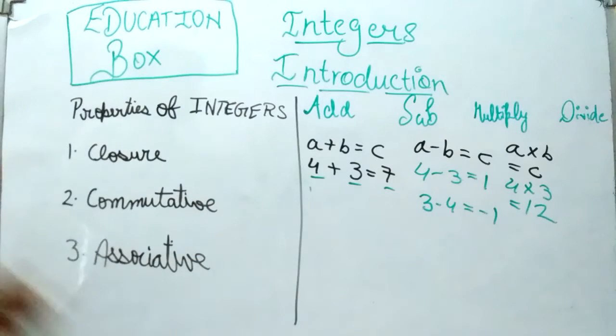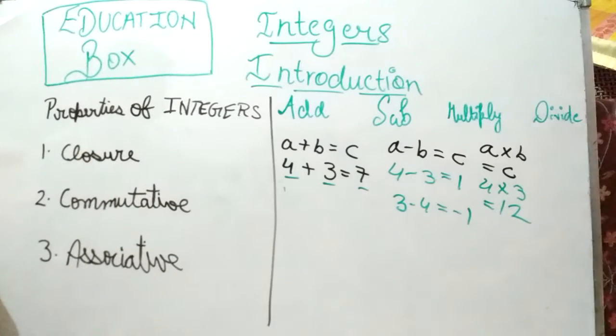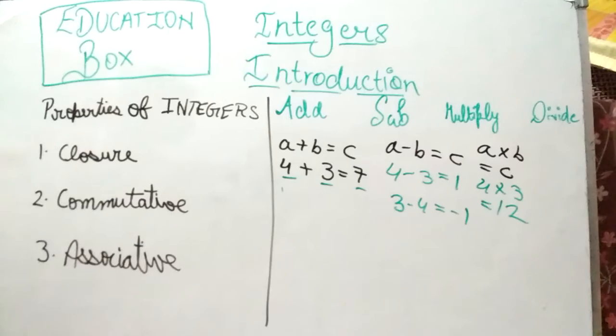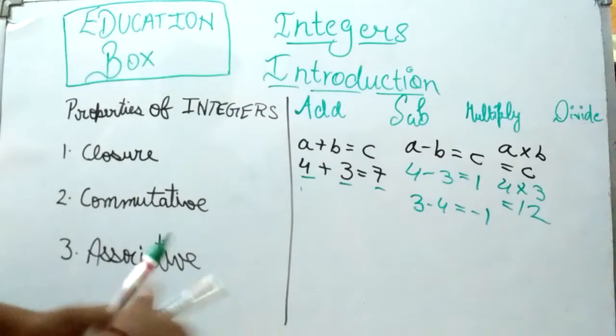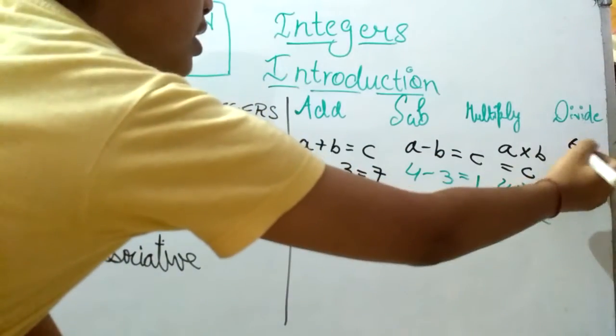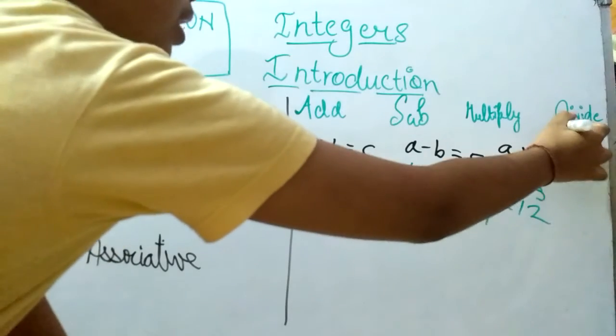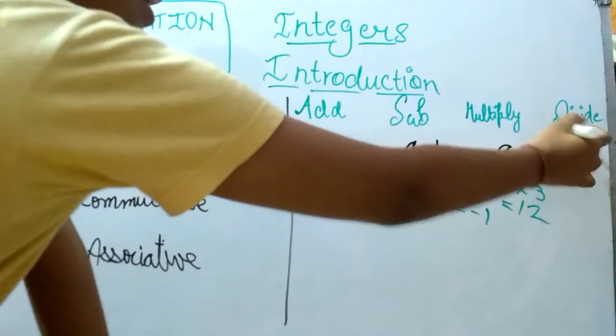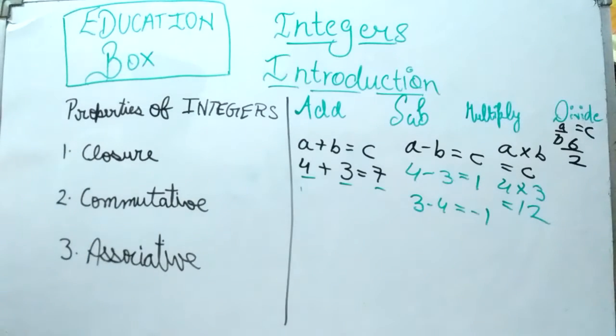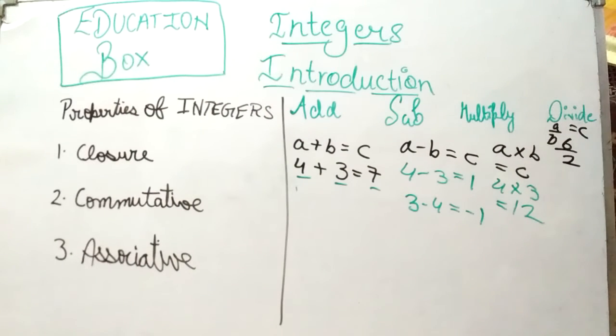But in division, if we divide any number by another, then sometimes the answer will be an integer and sometimes not. Like if we take 6 divided by 2, a upon b, a is an integer and b is also an integer.